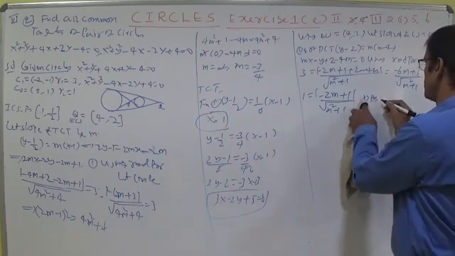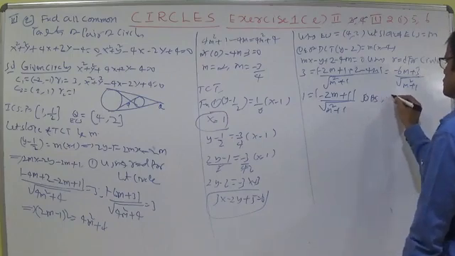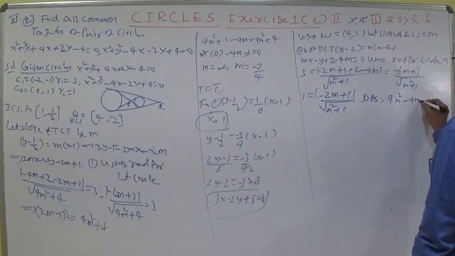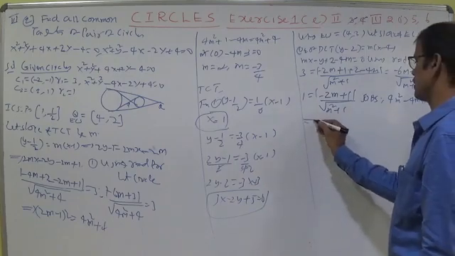By squaring both sides we get 4m square minus 4m plus 1 is equal to m square plus 1. 1 and 1 will be getting cancelled.